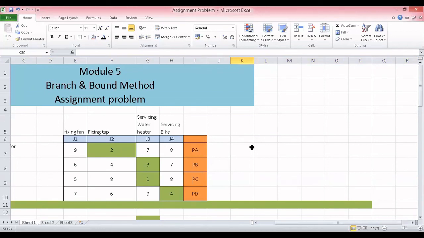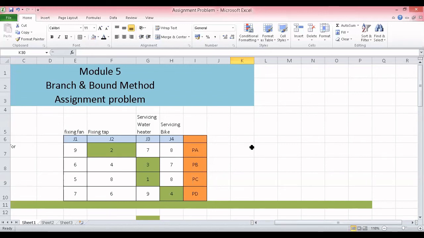Please understand, students, you might ask why a few problems are repeated in module 4 and module 5. This assignment problem and the knapsack problem are repeated in modules 4 and 5. In module 4, using dynamic programming, we found the best solution. Out of many solutions, we selected one best solution.